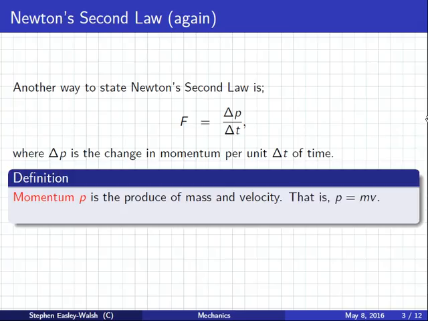That is P equals mv. This is something maybe you remember from school even. So another way to state Newton's second law is force is the change in momentum over the time taken. We will show that this formula actually makes the same formula as the previous one we've seen, F equals ma. But for now I just need you to write this down.